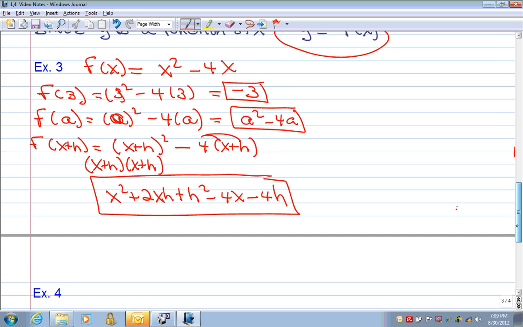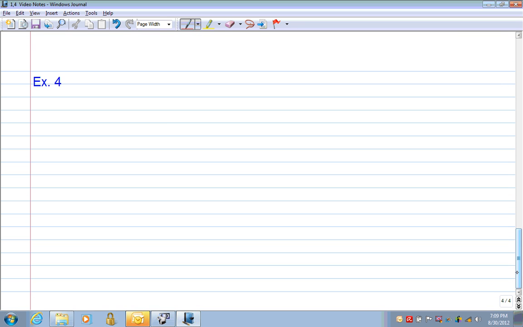All right, on to the last thought for the day. For example 4, we have a little bit of a unique type of function. You saw this function maybe in Algebra 2. I want to talk about it. We're going to use it a lot in Precalc. So f of x equals, and there's this big function bar, x plus 1, if x is greater than or equal to 0.